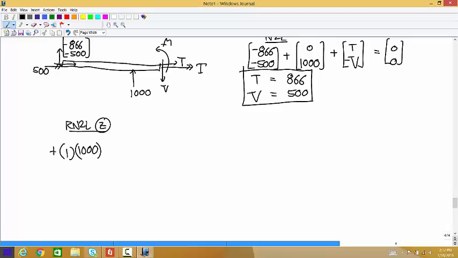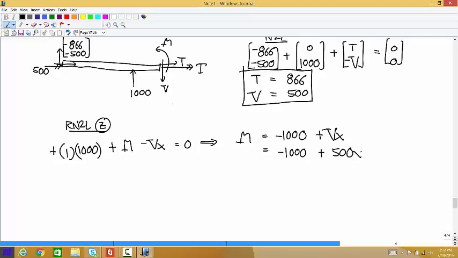Counter, so that's plus. And then we have plus M minus Vx equals 0. So M equals negative 1,000 plus Vx. So negative 1,000 plus 500x.